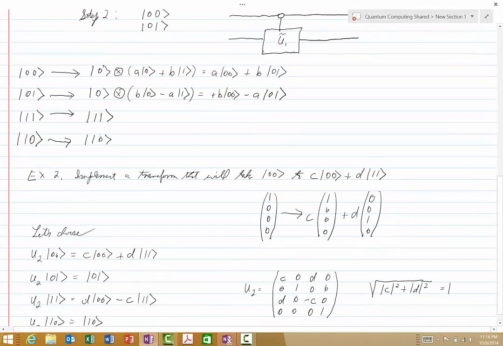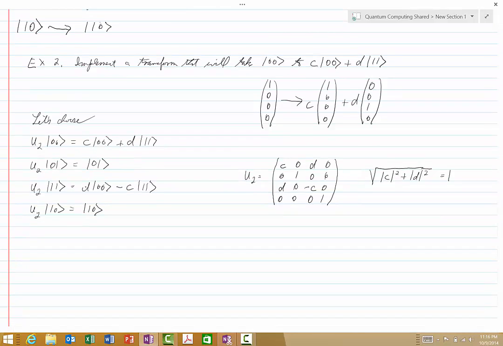And now when we do step 2 for this one, it's at least non-trivial. Remember now the first state that is non-trivially affected by this transformation is the 0,0 state. And the second state that is non-trivially affected is the 1,1 state.